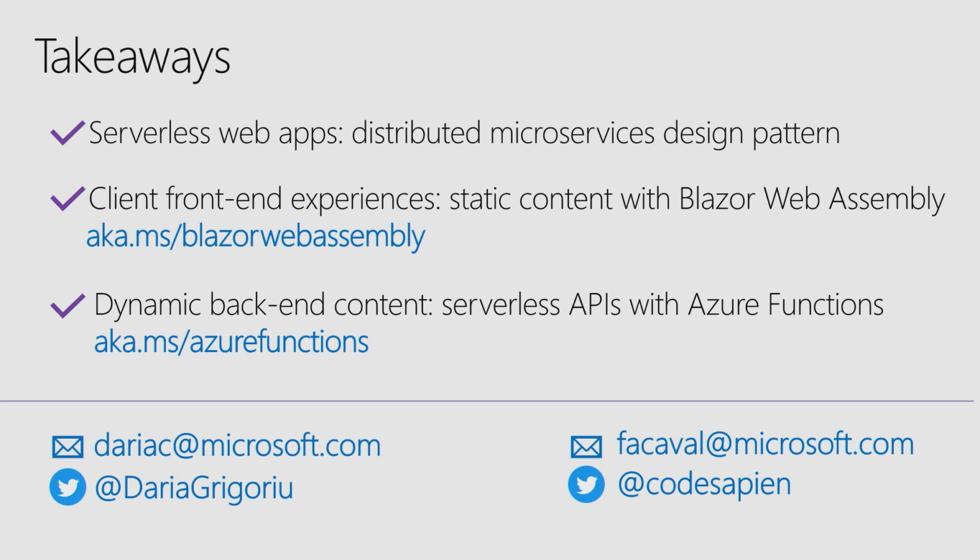The client front-end experiences have a great opportunity in the form of Blazor WebAssembly. And to get started with that, you can go to aka.ms/blazor-webassembly, and that's a good starting point. The dynamic backend content can be implemented with Azure Functions for your serverless APIs. And to get started, you can go to aka.ms/azure-functions.